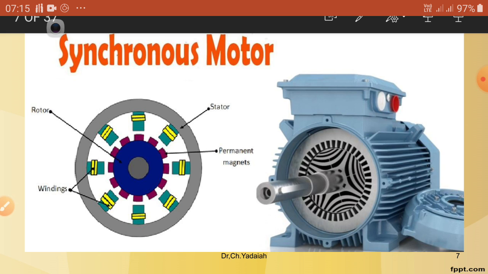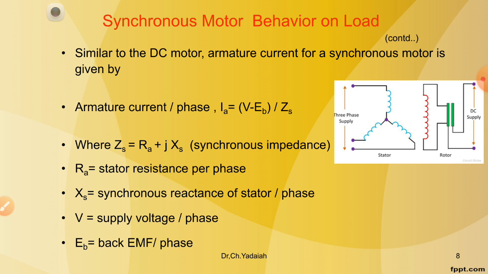Now let us see. Similar to the DC motor, the armature current for a synchronous motor per phase is equal to (V minus EB) divided by ZS, where V is the applied voltage, EB is the back EMF developed in the stator, ZS is the synchronous impedance, and IA is the armature current.